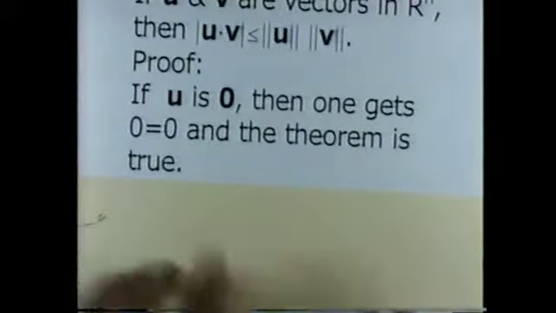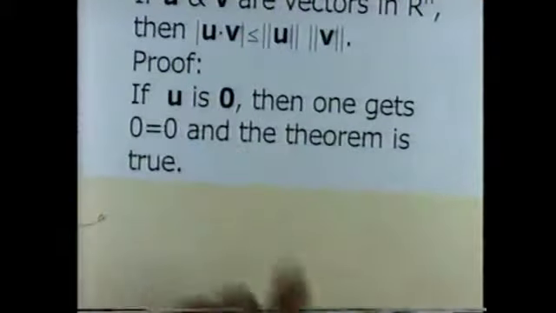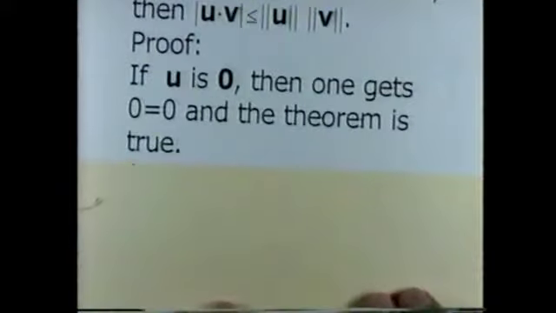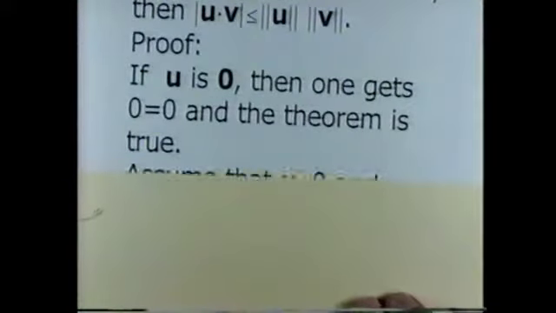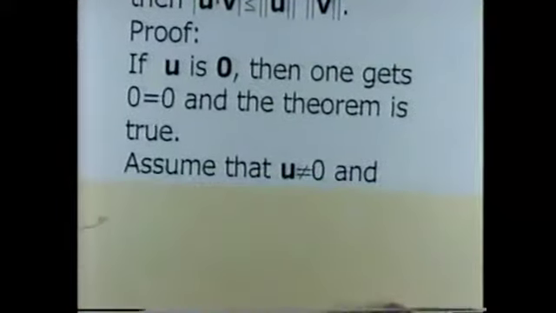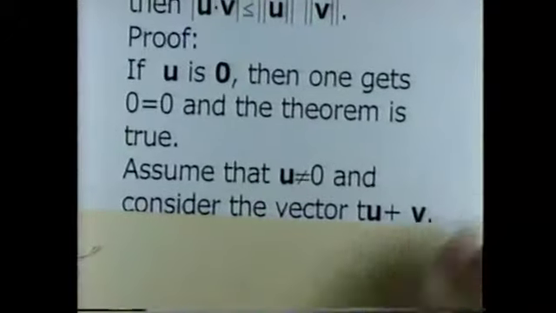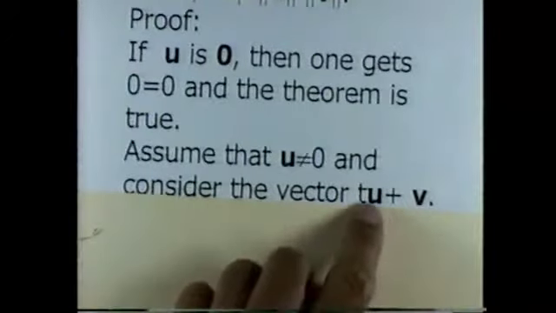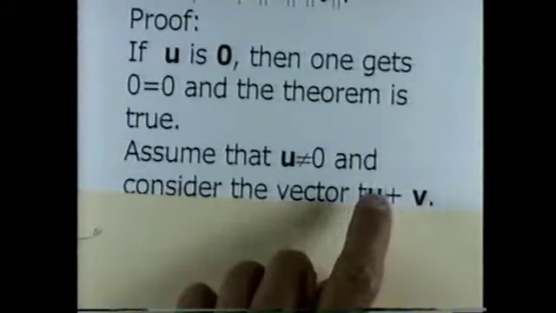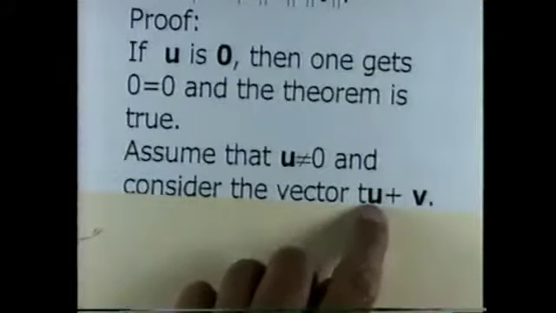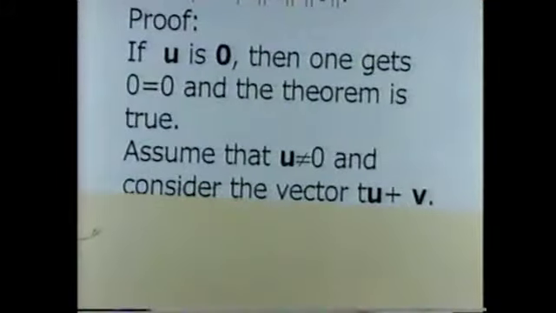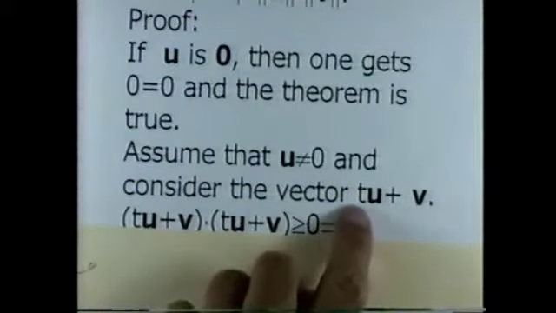So what we're going to do then is assume that u is not 0. Well, if u is not 0, then we're going to consider the vector tu plus v. U is not 0, so tu plus v will not be 0 unless, of course, t is 0.